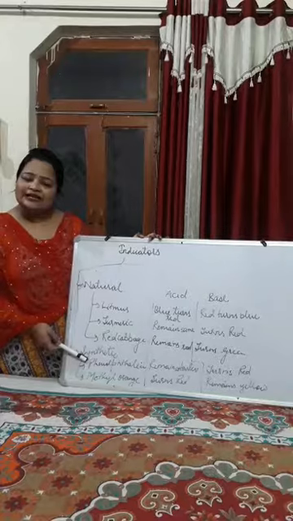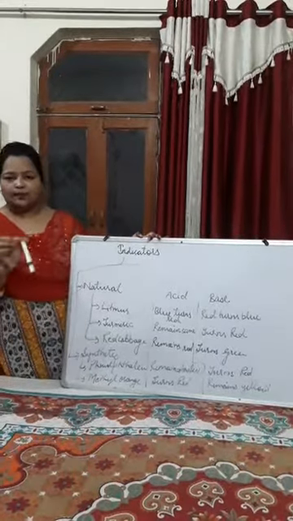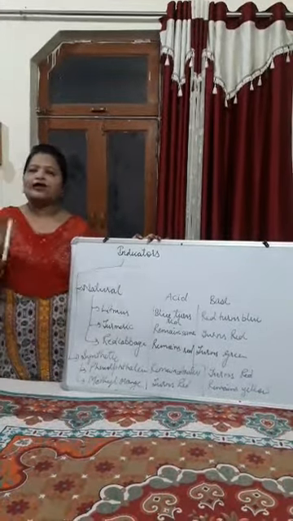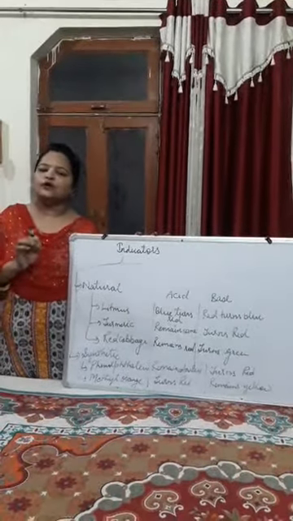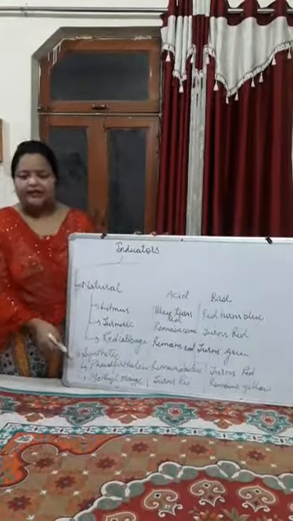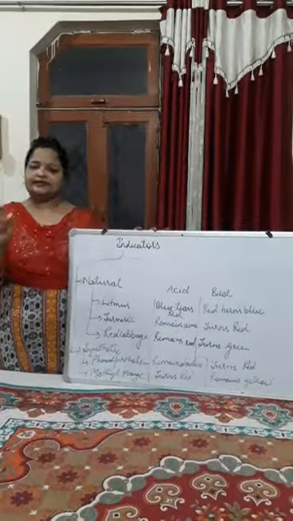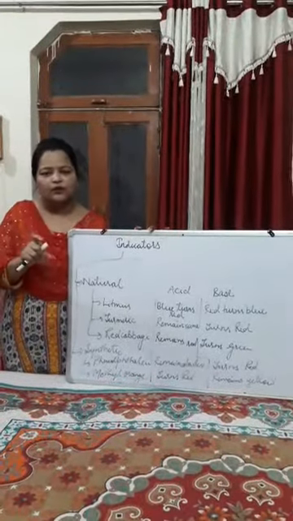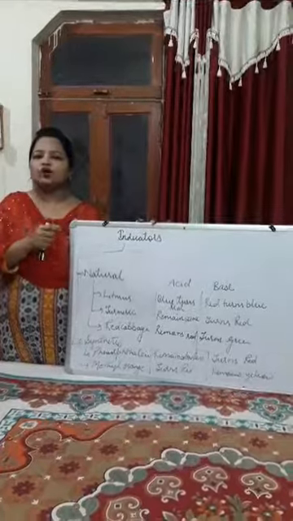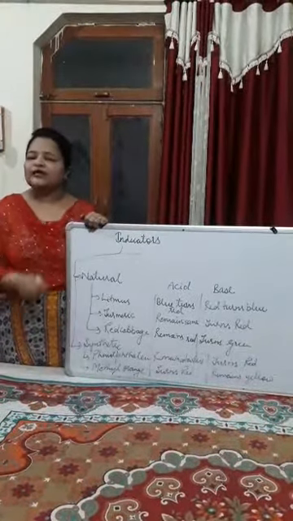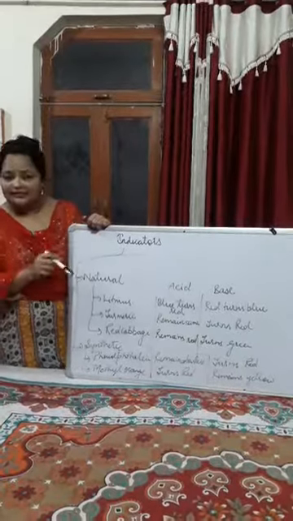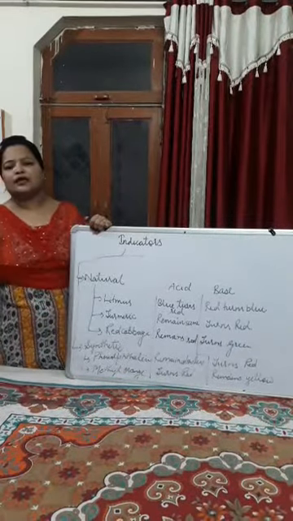Okay? Phenolphthalein is a very strong chemical which is colorless, looks like water. And if you add this phenolphthalein in acidic solution, it remains colorless. But if you add it into the base, it turns dark pinkish red.